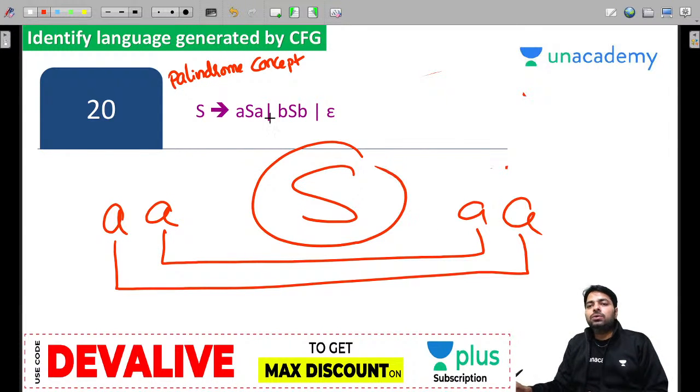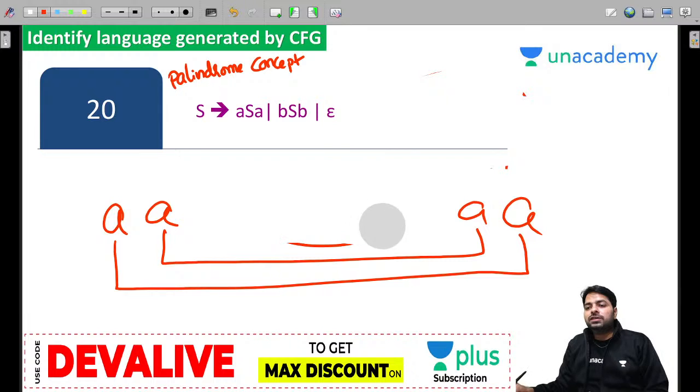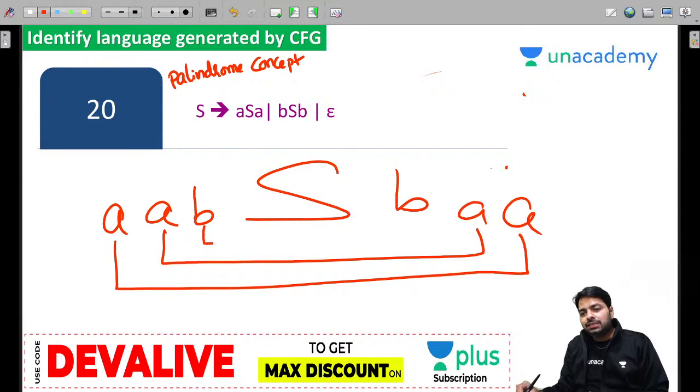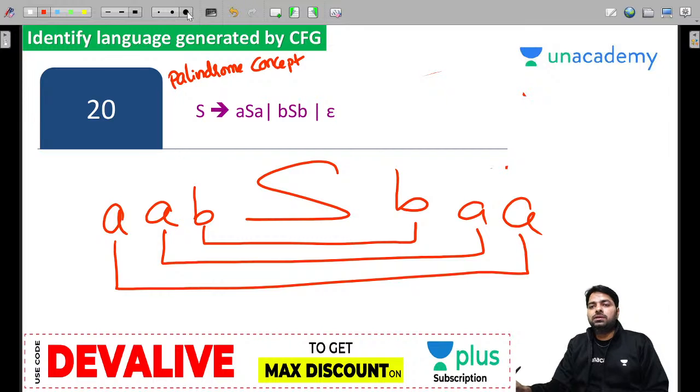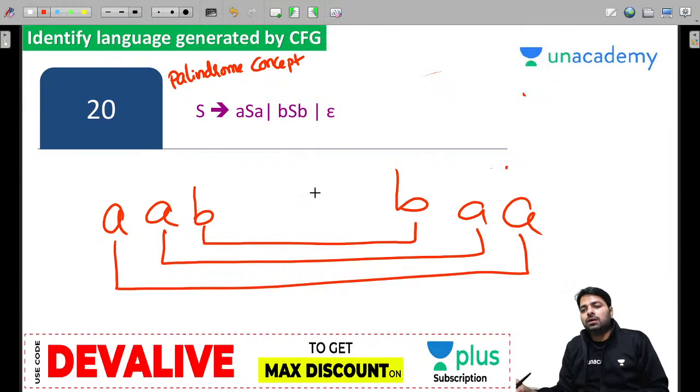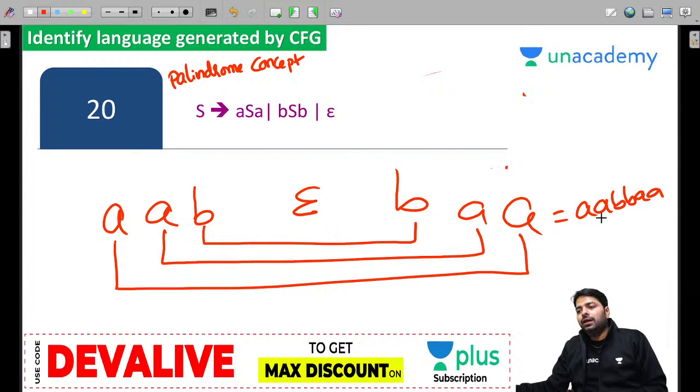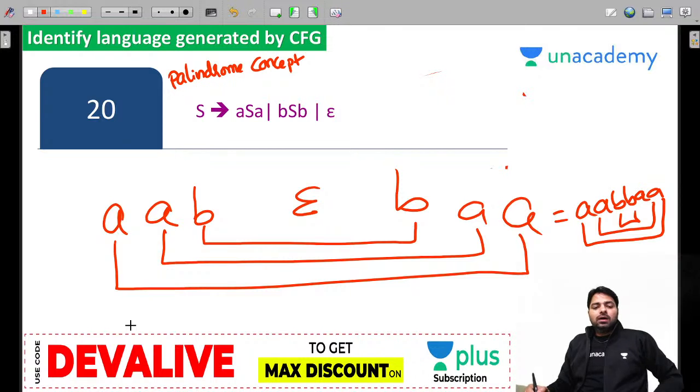And this S you can substitute with anything. Suppose I substitute with BSB, then again this creates a palindrome concept. Now this S you can substitute with either ASA or BSB or epsilon. If you put epsilon, you will see the string AABBAA. Did you see this palindrome concept? Yes or no? Yes, even length palindrome is the exact answer, guys.